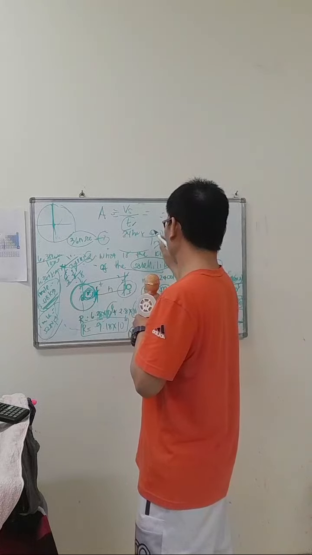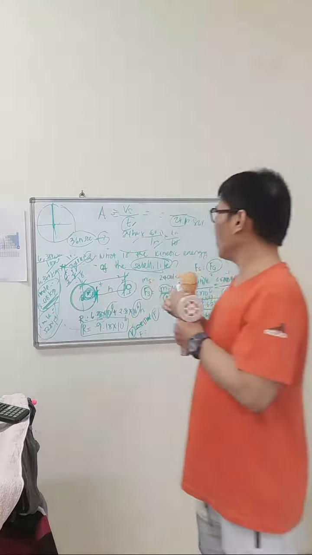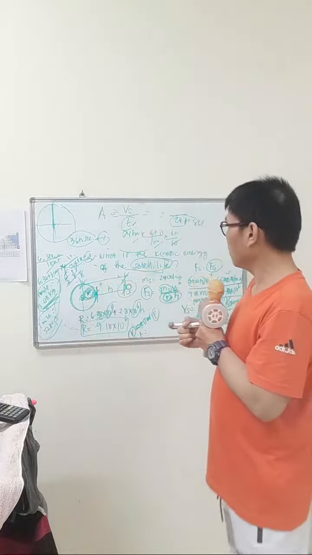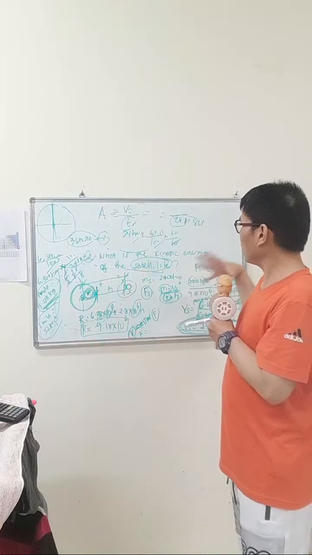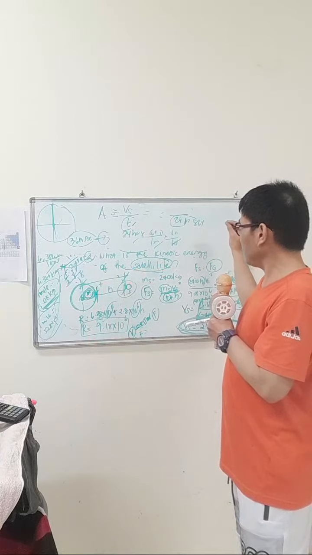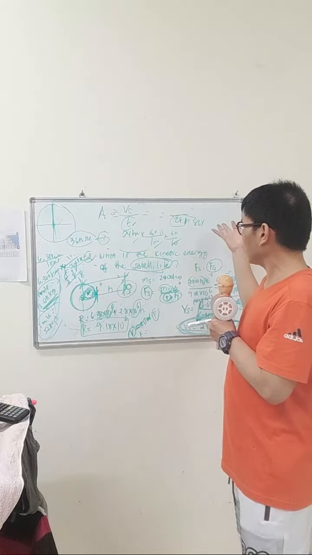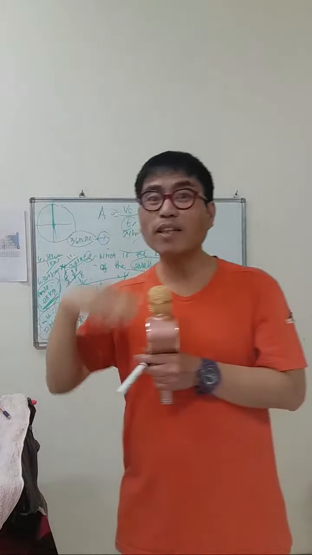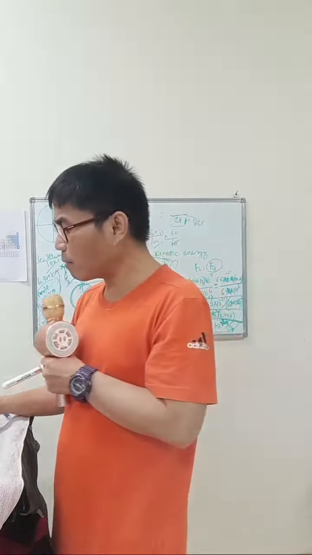So 1 hour is equal to 3,600 seconds. Now I say that 24 hours is equal to 8,640, I think so. I have to prove if my memorization is correct.